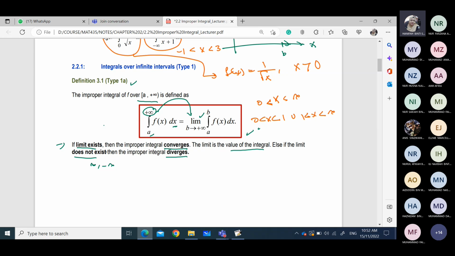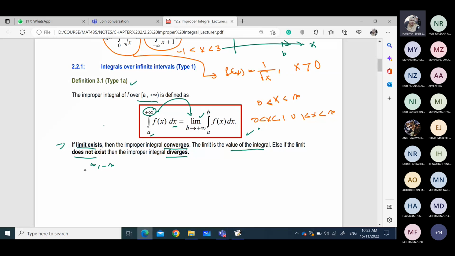Okay, so again, after we solve for this improper integral, we need to find the limit, right? If the limit exists, then the improper integral converges. So how do we know whether the limit exists or not? For the limit to exist, it will have a value. It can be any value, alright? So we can say that the limit exists, therefore the improper integral converges.